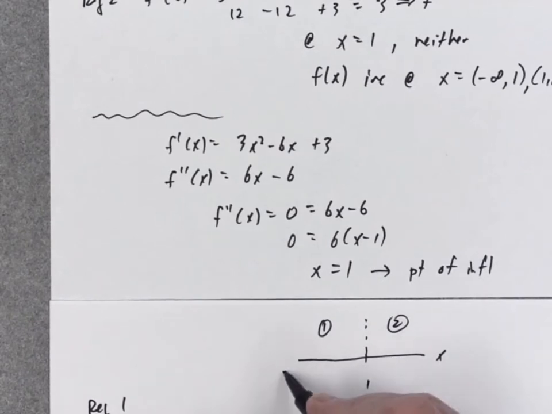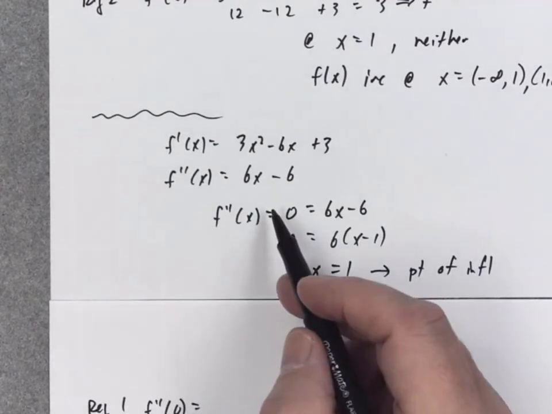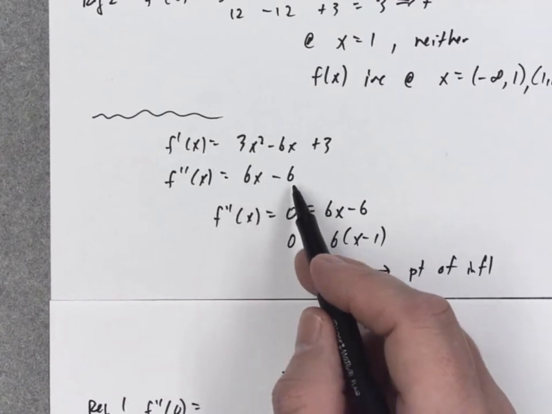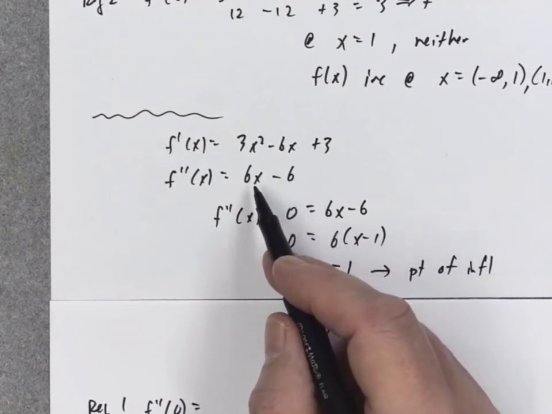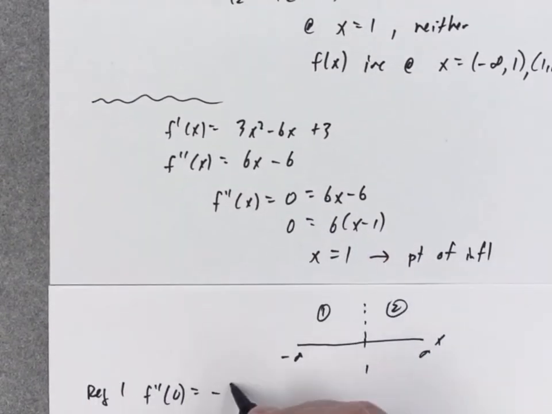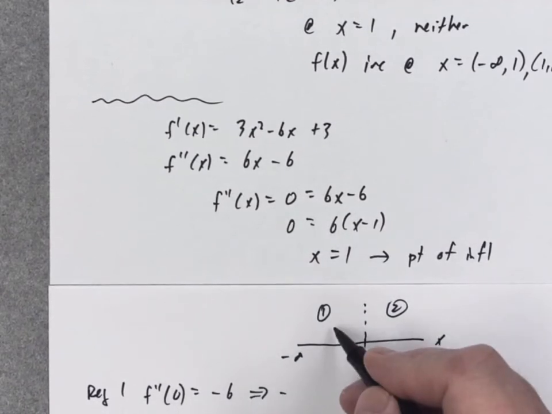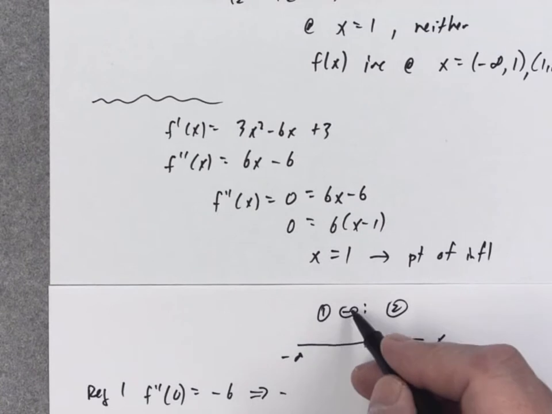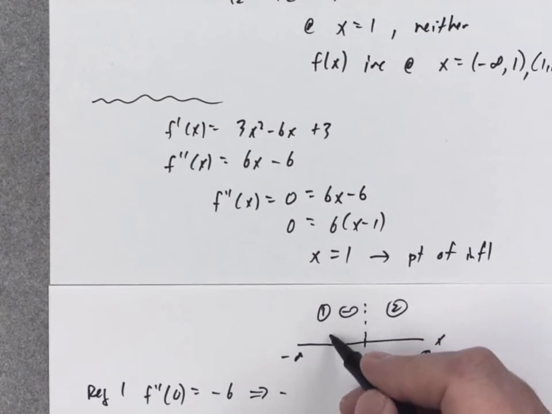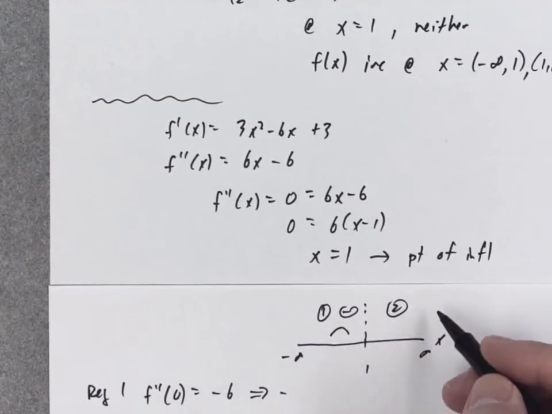So for region 1, I'll find the second derivative when x is 0. So here's my second derivative, 6x minus 6. Hopefully it's pretty clear, if you plug in 0, you get negative 6. So this is a negative region. What does a negative second derivative mean? Concave down.